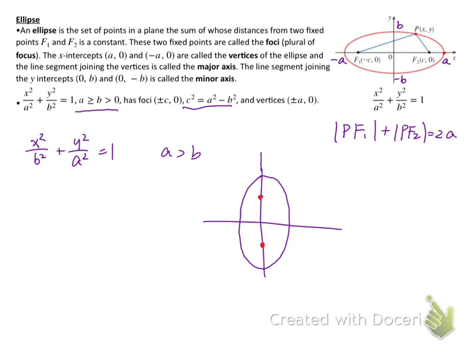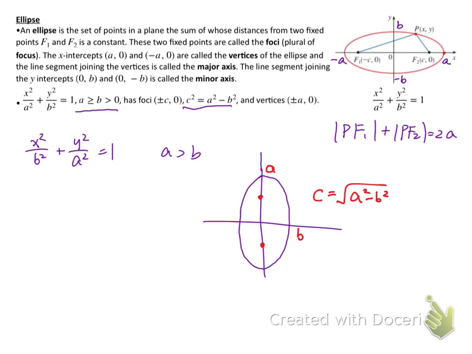And the focus happens at c equals square root of a squared minus b squared, if this is a and this is b. So you take the difference of the two denominators and then you take the square root. That's where the foci happen. And the foci happen on the major axis, the longer one.